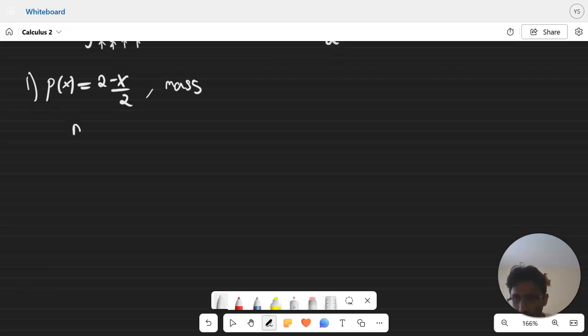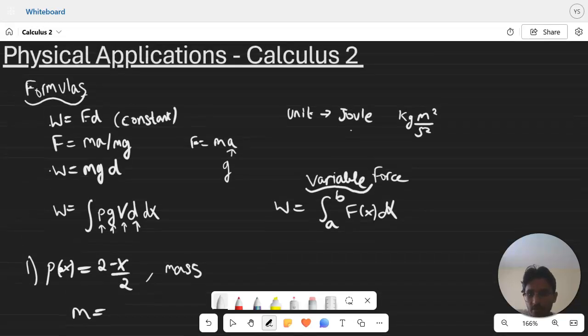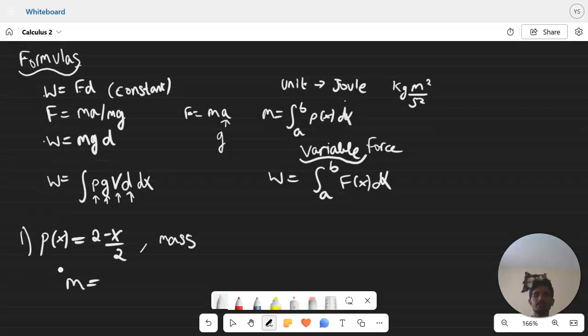We know that the mass is equal to the integral of the density. Let's add that formula over here: mass equals the integral from a to b of the density function dx.